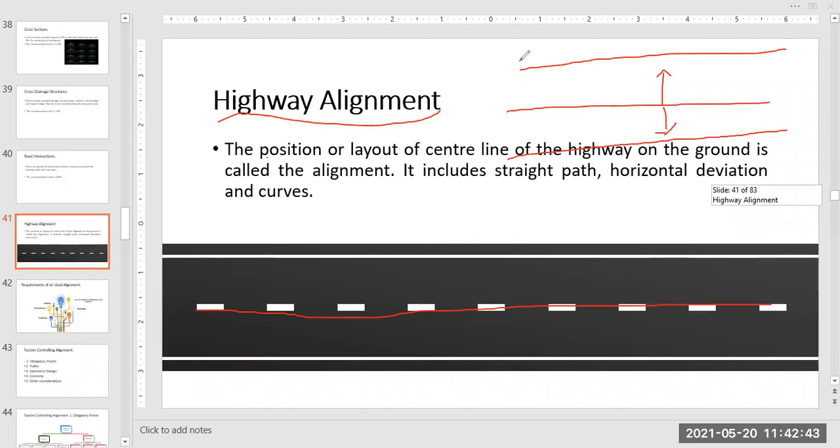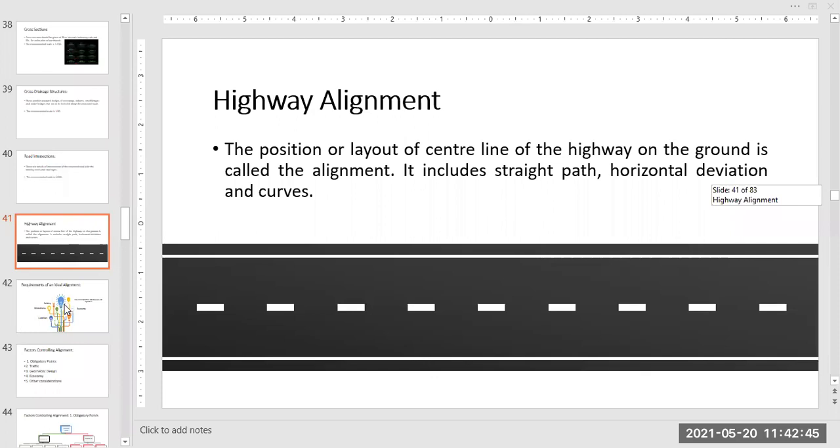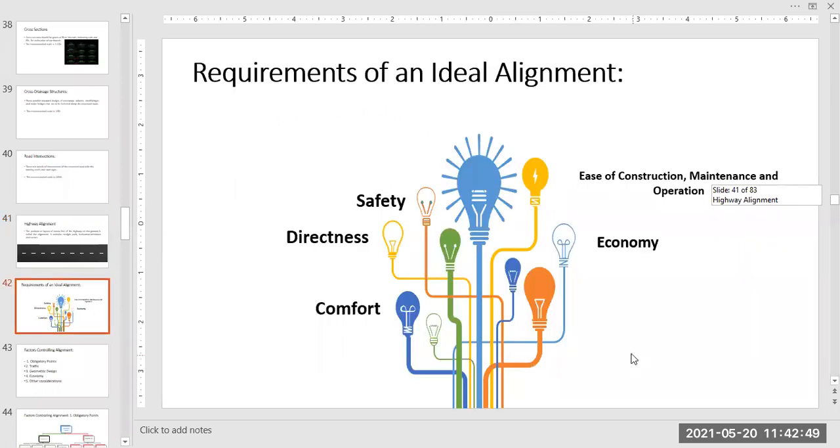Now we are going to discuss the requirements of an ideal alignment. Usually an alignment should be safe enough. I have already discussed safety. When roads avoid steeps and sharp curves, it is almost safe.